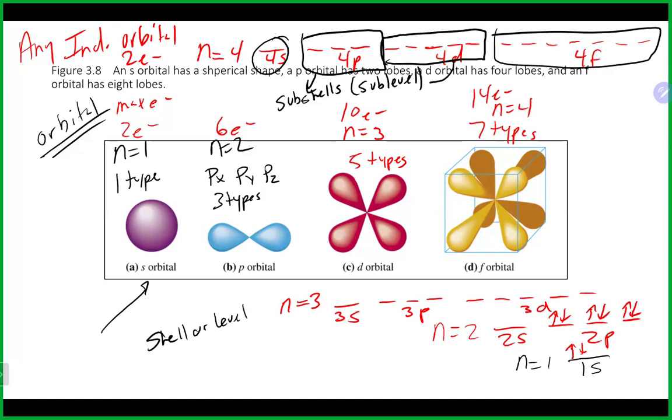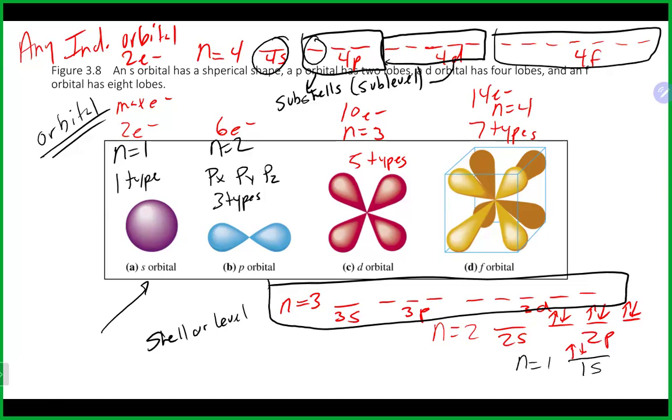And shell or level is referring to everybody on that energy level. So when I talk about the n equals 3 shell, I'm talking about everybody that's there, yeah? And how many electrons you could put in there, right? If I'm talking about an individual orbital, in this representation, it's any of the individual lines, yeah? We could hold 2 electrons, yeah?